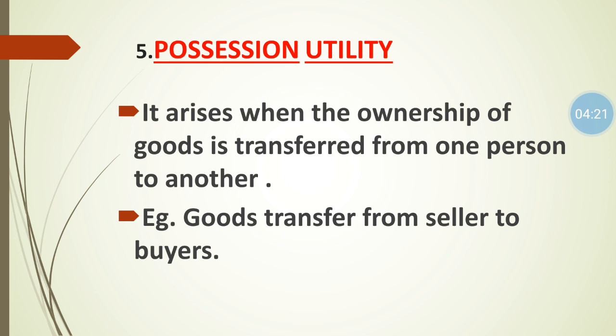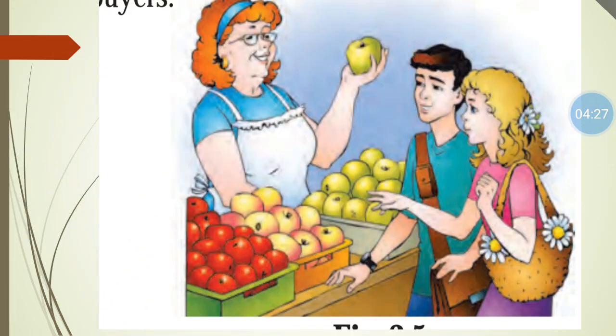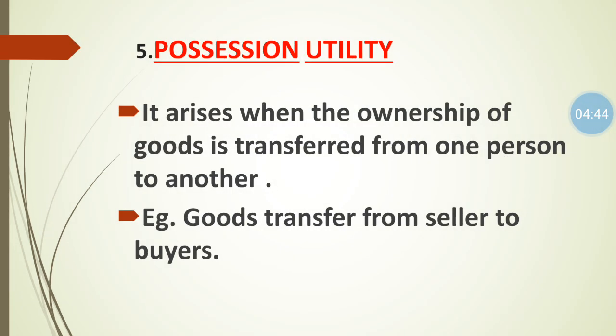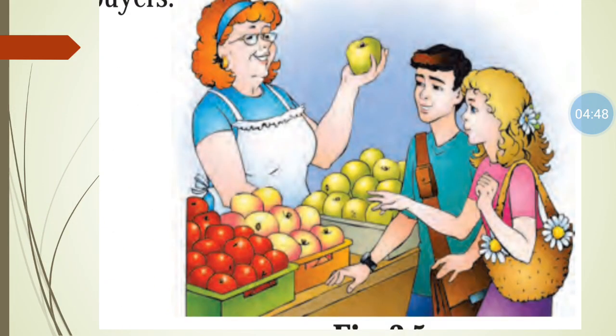Such as whenever goods transfer from seller to buyer, that is called possession utility. You can see in the picture, the lady who is selling fruit is the owner of the fruits. But when that girl and boy buy the fruit, afterward they will be the owners of the fruit. So possession utility means when ownership of goods transfers from one person to another person.